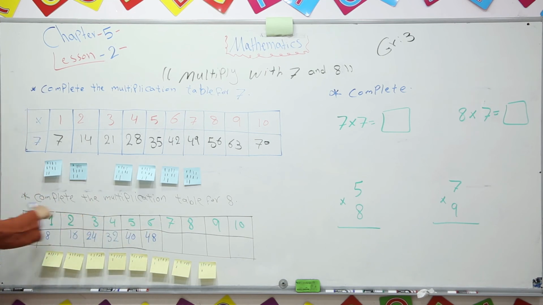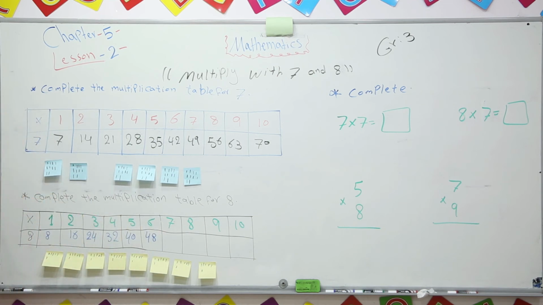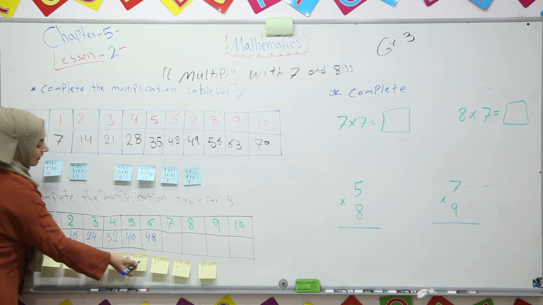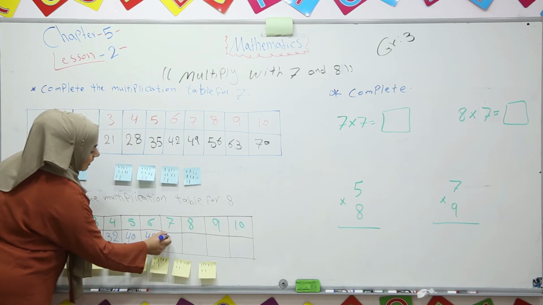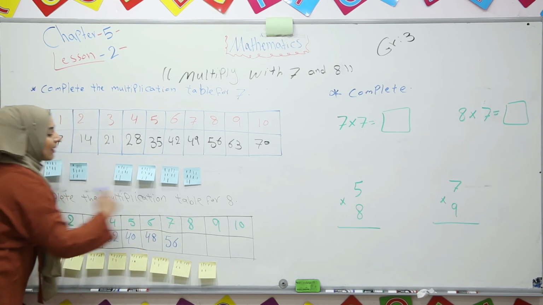We have 8 groups. Each group contains 7 objects, okay? 48, 49, 50, 51, 52, 53, 54, 55, 56. So it is 56.